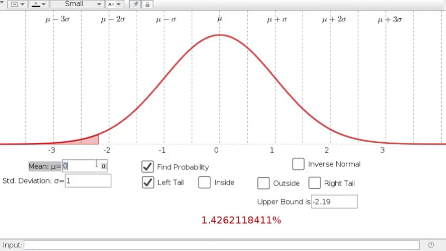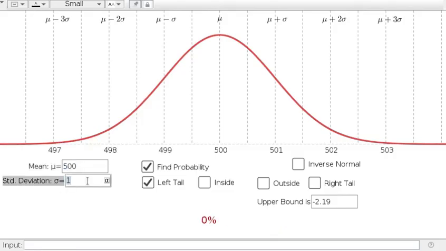Our mean was 500 according to the manufacturer. The standard deviation of the sample means was 25 divided by the square root, SQRT, if you want to enter this into the application directly, the square root of 30.